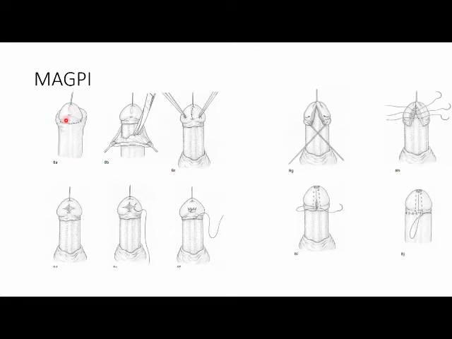If you can see the first figure, this is the abnormal meatus. Distal to the meatus, you can see the bridge of glans tissue, followed by a glans groove. So initially you take the glans stitch.